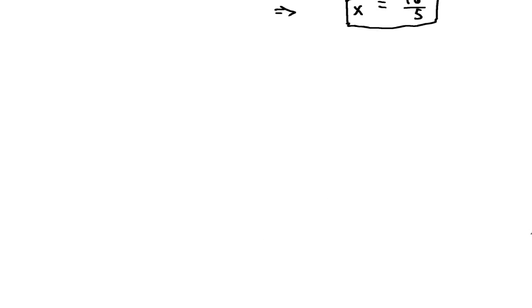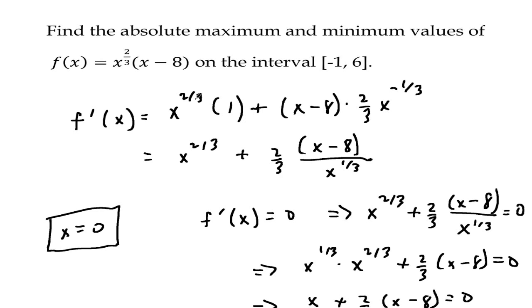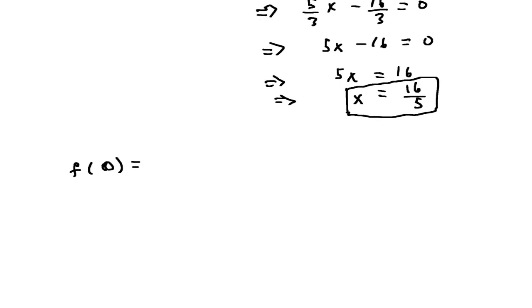Now, let's start plugging in the x values. f of 0. Remember our function is given by this. So if I plug in 0, I get 0. Let's plug in 16/5.